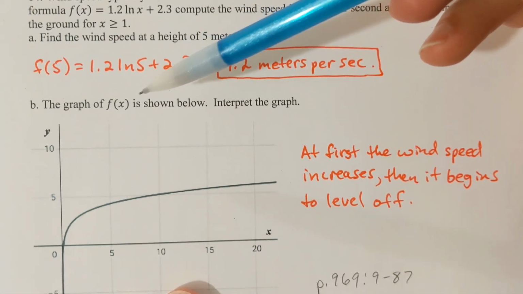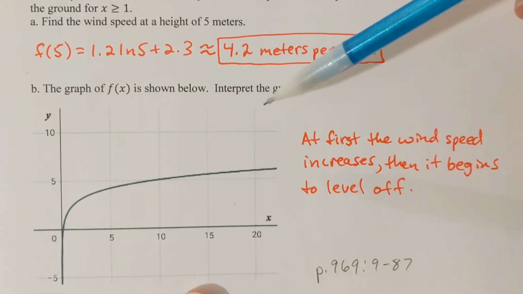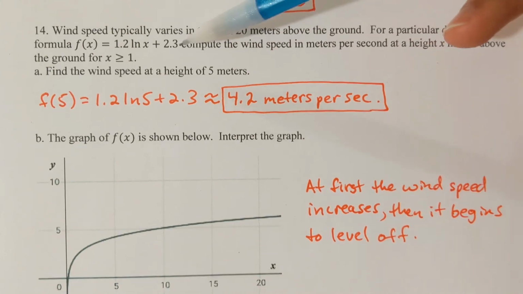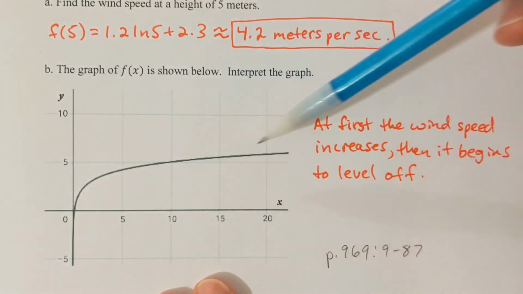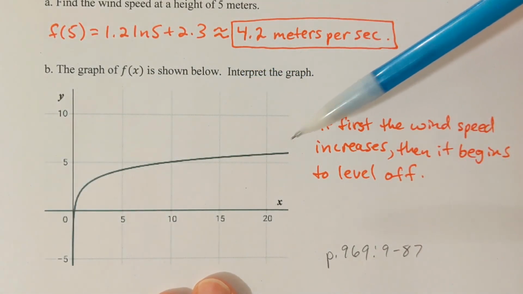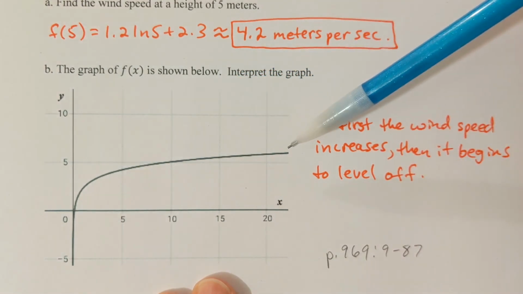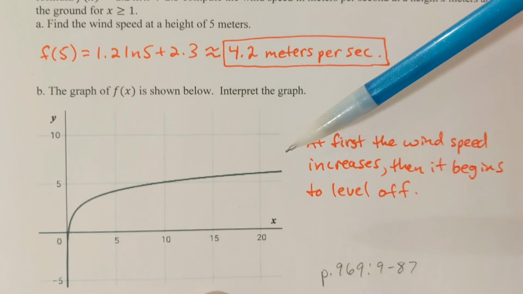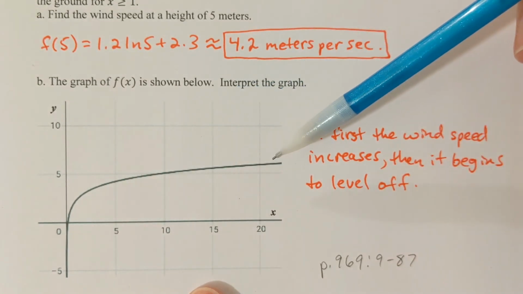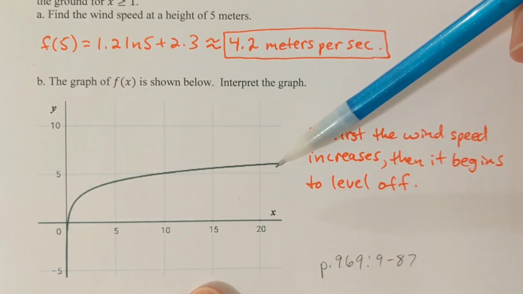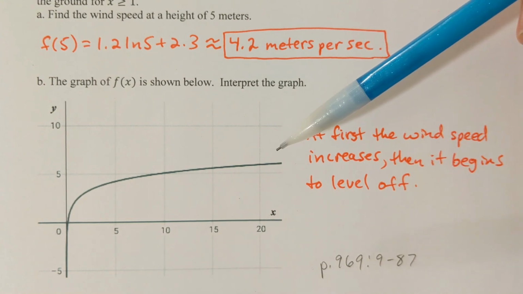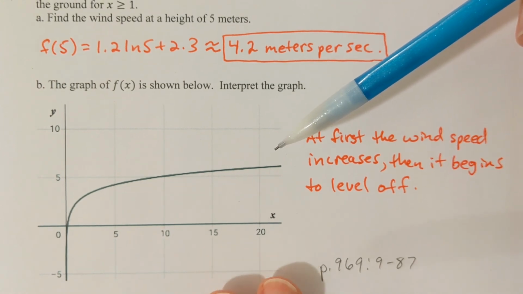Part B, the graph of f of x is shown below. Interpret the graph. So if we were to graph this curve, here's the curve that we would get. It kind of increases here and then starts to flatten out. And by the way, I think that this curve would make sense on pretty much any normal day.